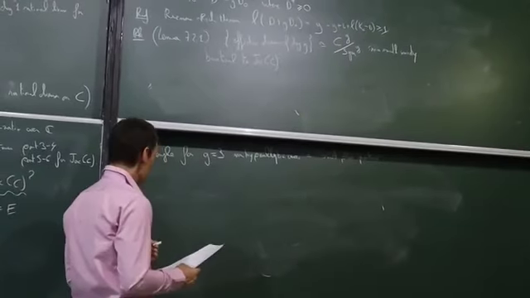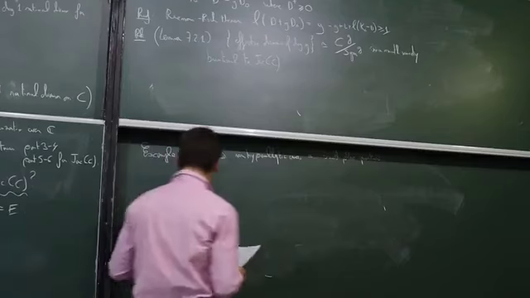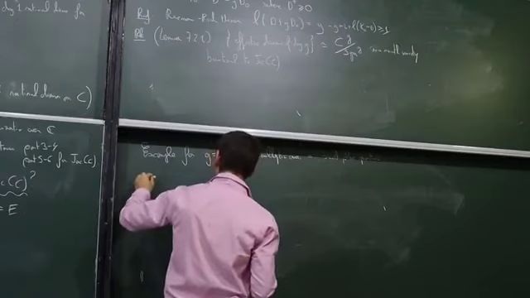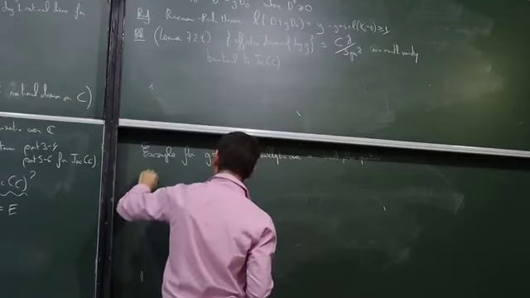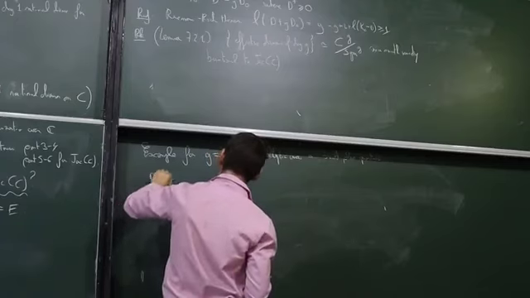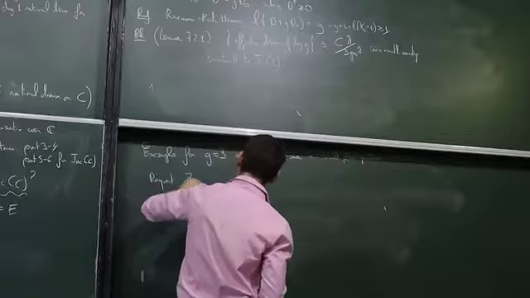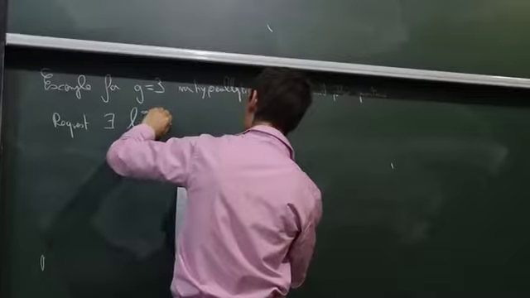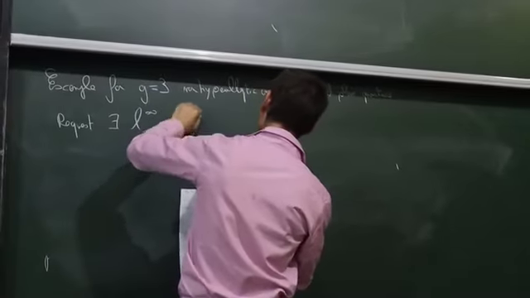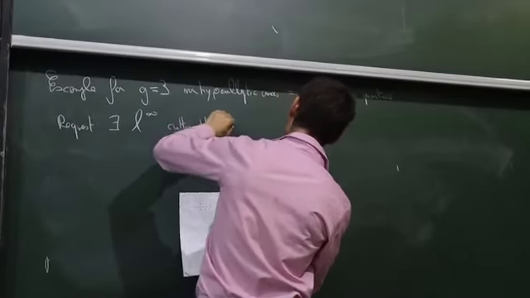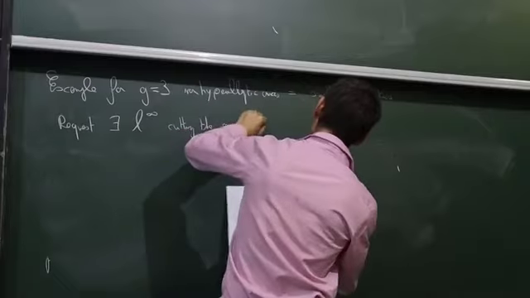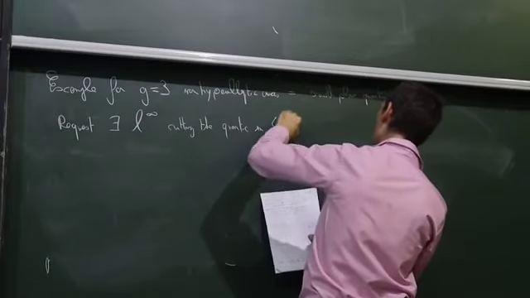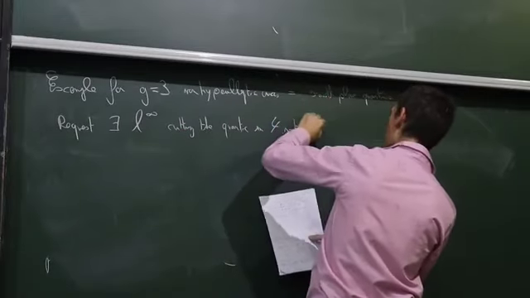So it's not exactly in this framework, but I'm going to request something. I request that there is always a line cutting the quartic in 4 rational points.